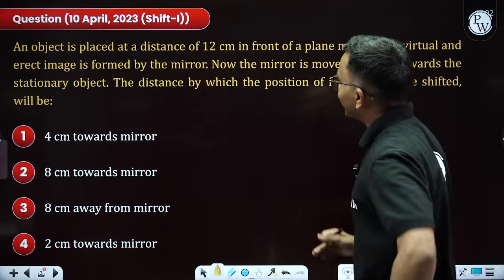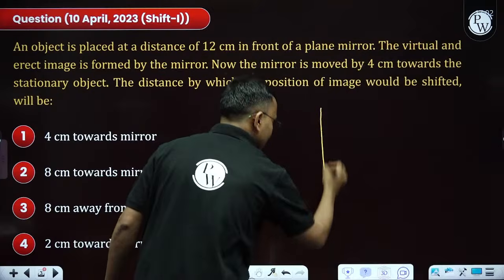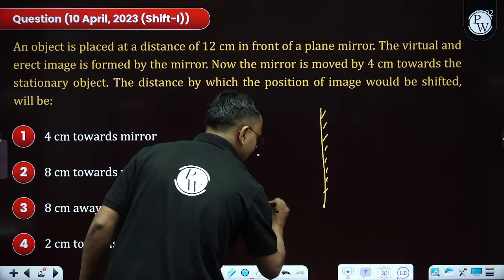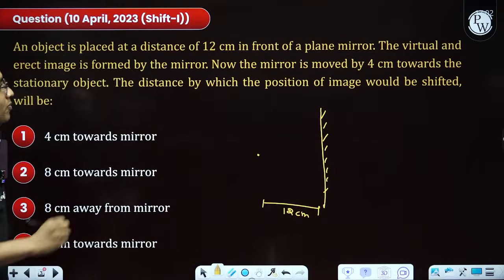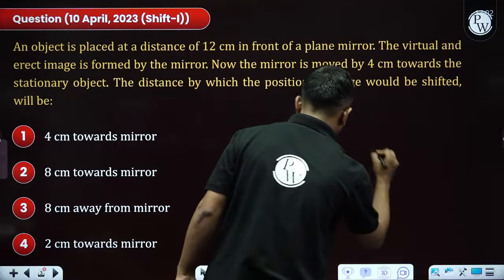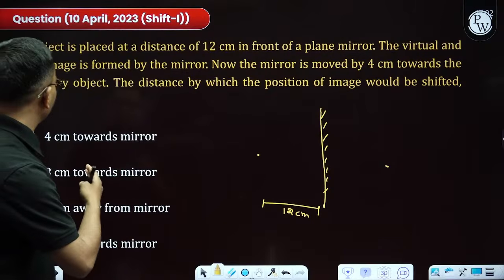An object is placed at a distance of 12 centimeter in front of a plane mirror. Let us draw a plane mirror. Here is our object, this distance is given as 12 centimeter. The virtual and erect image is formed by the mirror, here the image will be formed. Now the mirror is moved by 4 centimeter towards the stationary object.